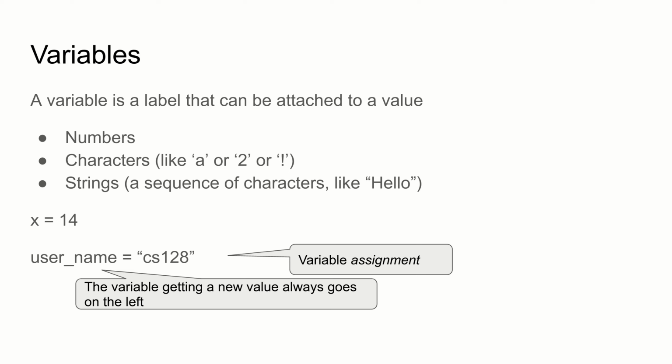There are many different analogies for what a variable is or what it does, and they all have their ups and downs. One way to think of variables is that a variable is a label that's attached to a value. For example, the number 14 is a value, and I give it the label or the name x in this example that's shown here. And that's one way that we can think of variables.